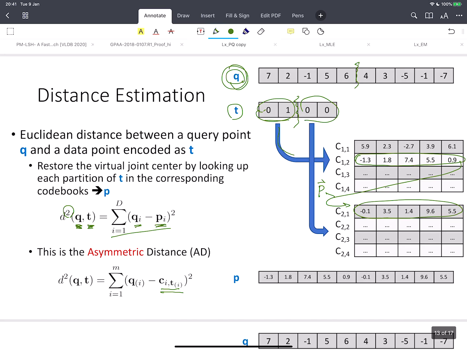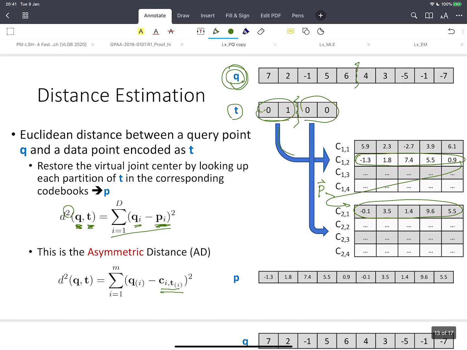So conceptually we are able to recover the approximate distance. In practice, this P is not an arbitrary d-dimensional vector. It has to be a combination of code words in the corresponding code books.